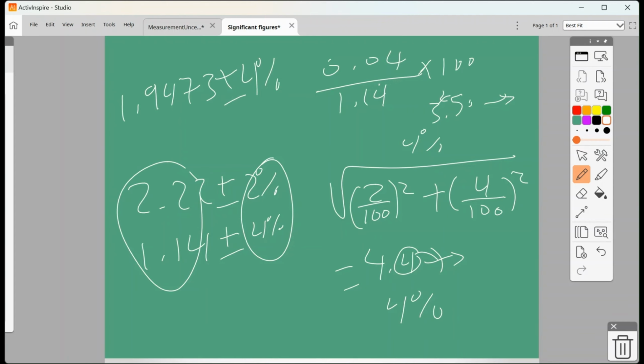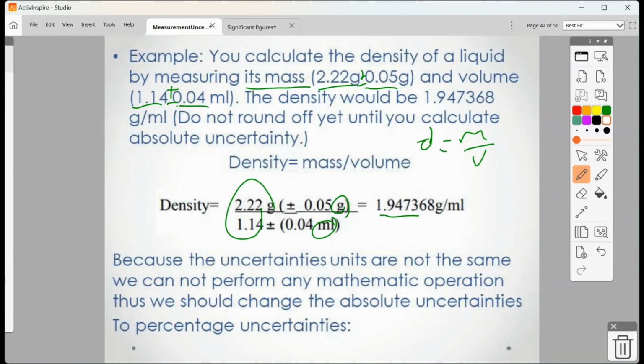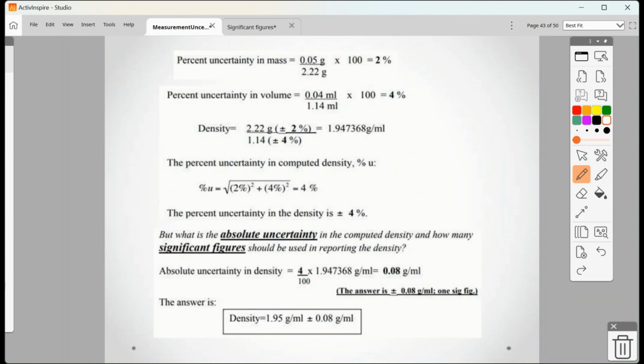So this is how we carry out a math calculation. So the final answer is what? 4%. So can we change it back into absolute uncertainty? Yes, we can change it back into absolute uncertainty. How do we do that?